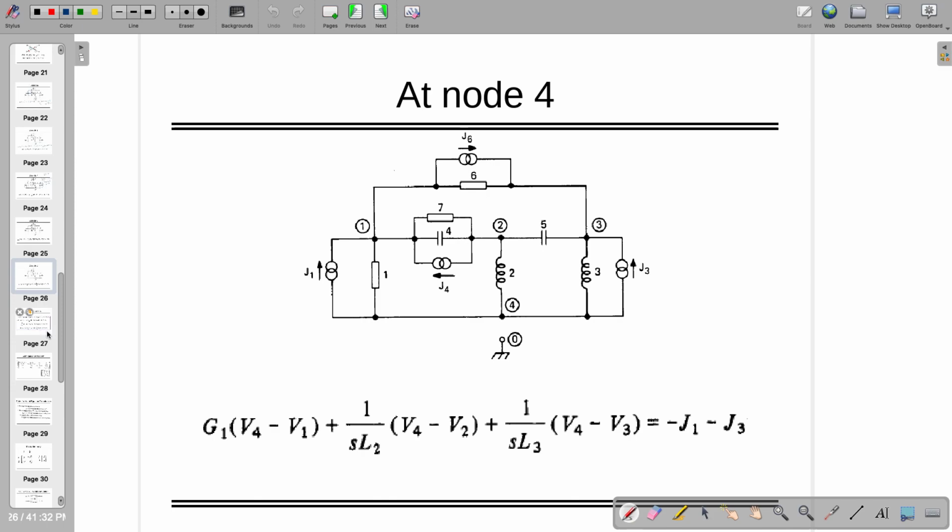Are you applying it before by external voltage? Which external voltage? V4. V4 is not external. This is a node, right? Take it at 0 volts.